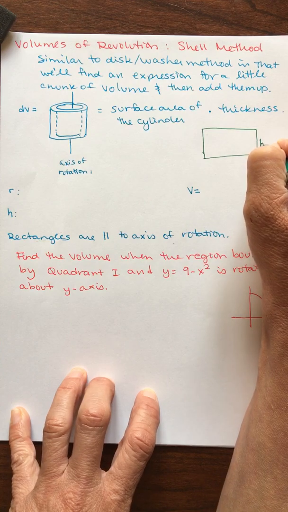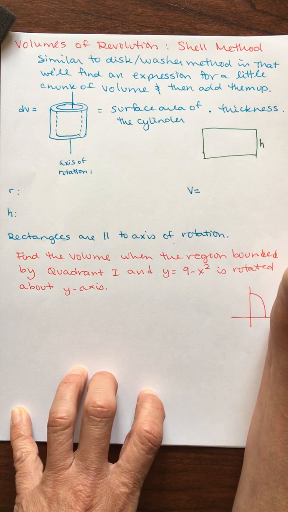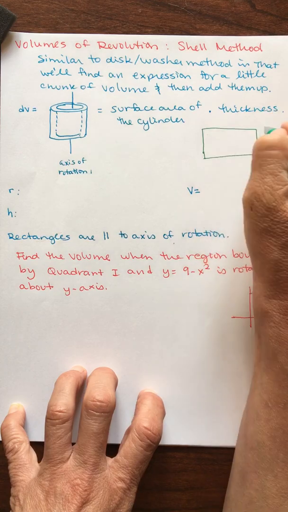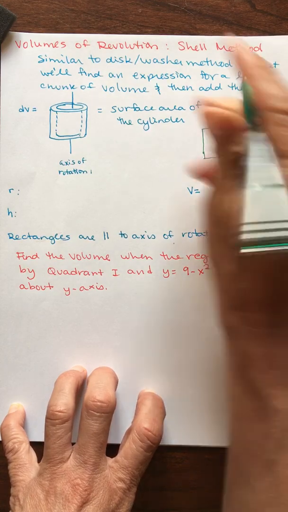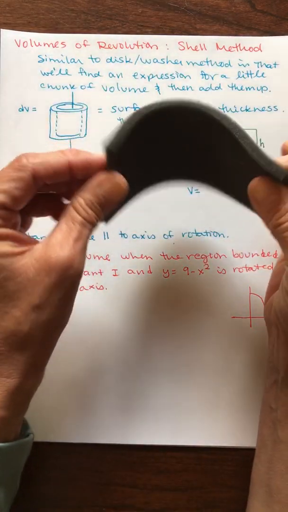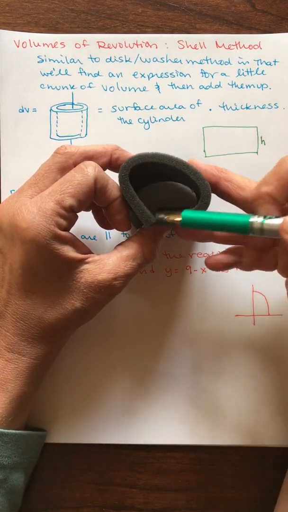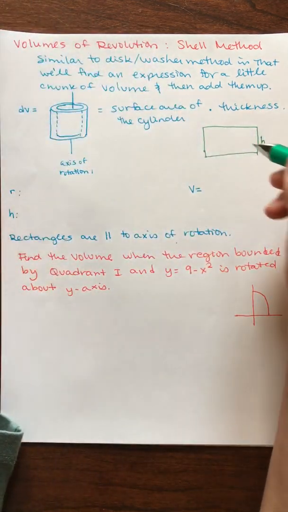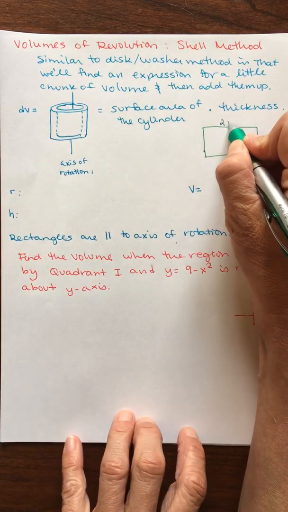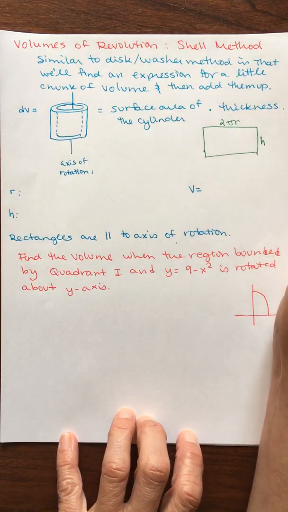I'm going to label this side an H. And then across here, think about the cylinder. That's the same thing as the circumference around the top. So this is 2 pi r.